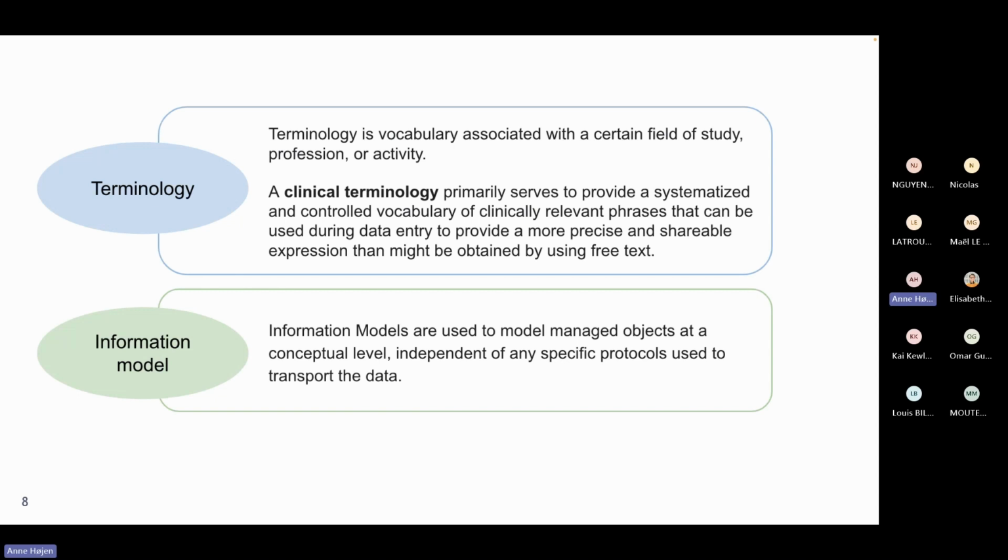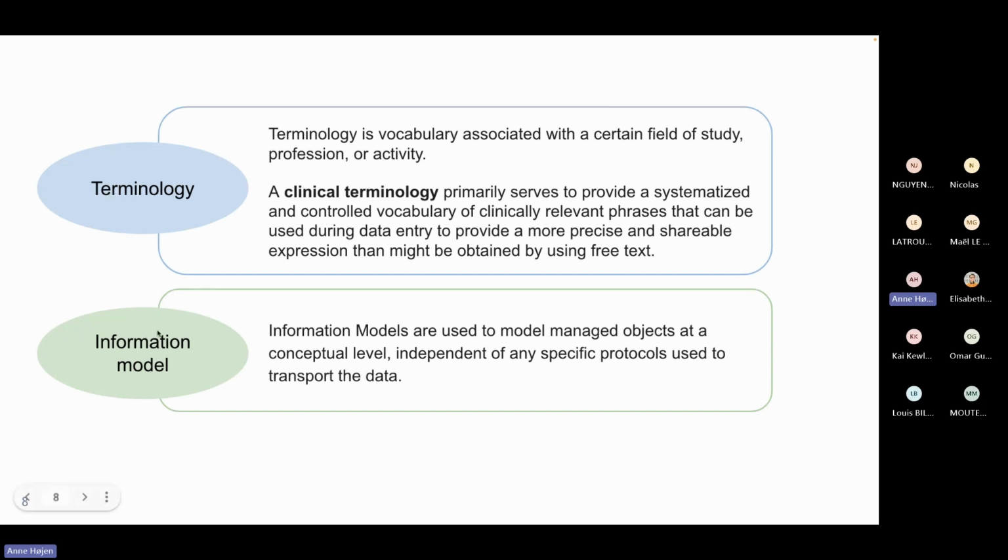The terminology side of this is what we've talked about the whole morning: SNOMED is a terminology. There are other code systems and classifications, and there are also other terminologies. And SNOMED CT is the world's most comprehensive clinical terminology. It serves to provide a controlled vocabulary of all the phrases and concepts that you want to record, just as you have learned this morning.